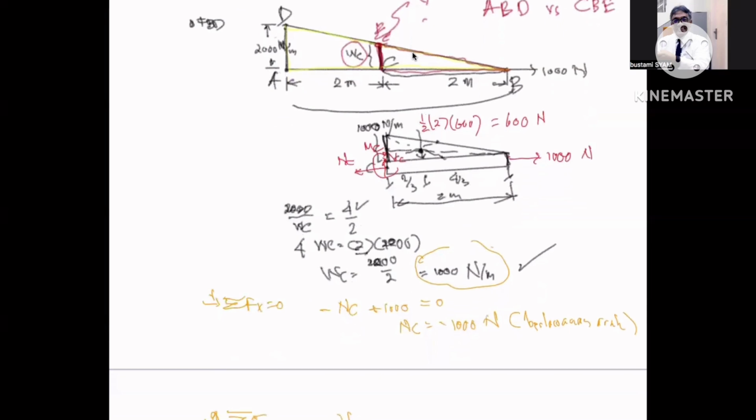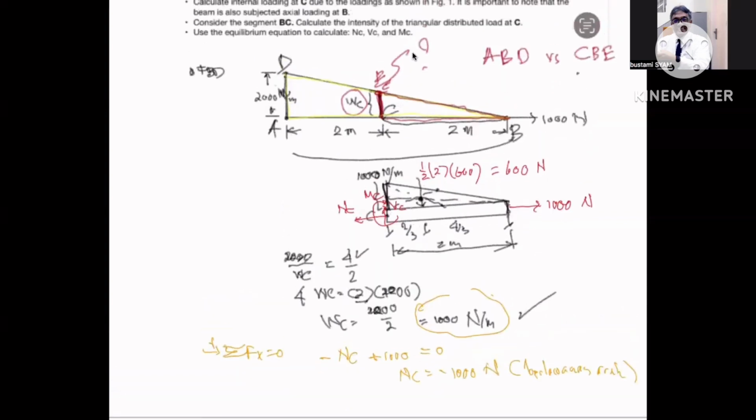And then what is the concentrated load at this portion? I mean, at CBE, triangle CBE.